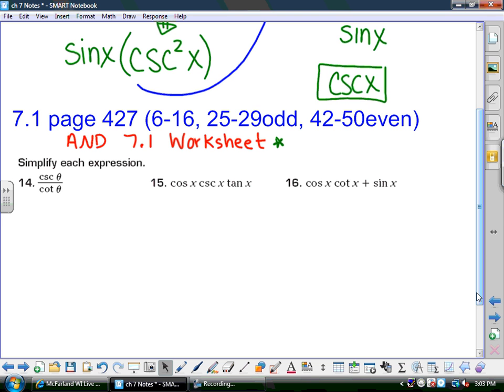As I go through these, I'm not doing it the only way that works, but I'm doing it a way that works. A way that's going to work for number 14 is to change everything into sines and cosines. So cosecant is 1 over sine. Cotangent is cosine over sine.